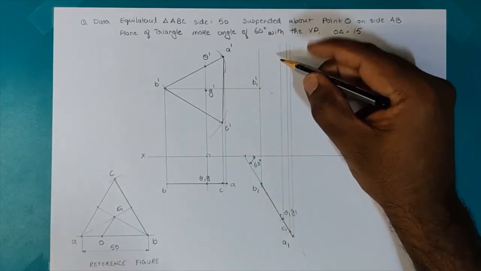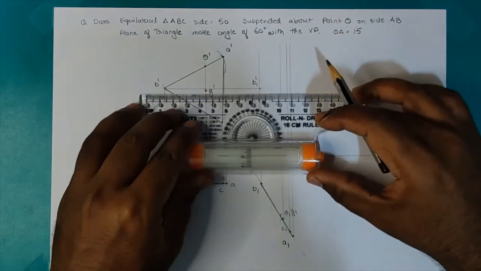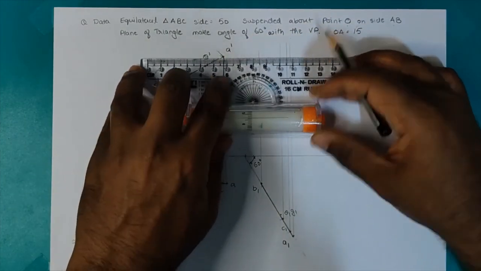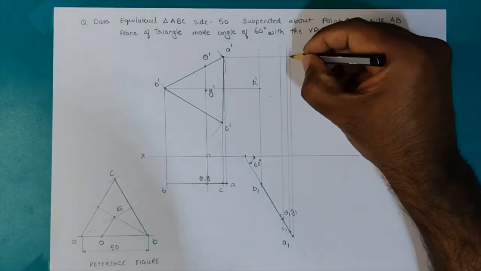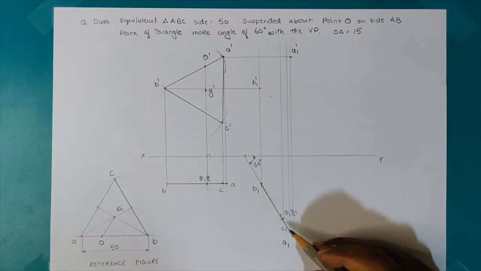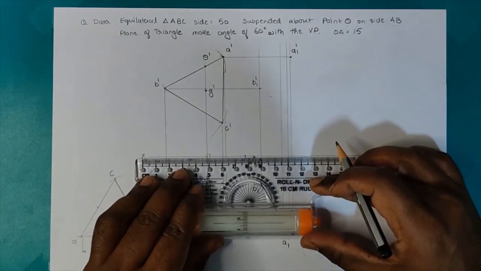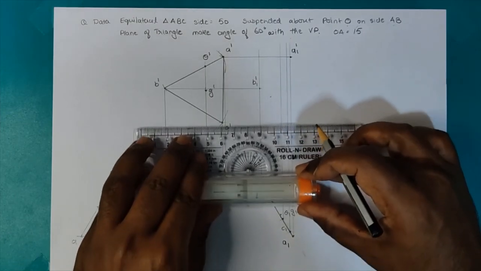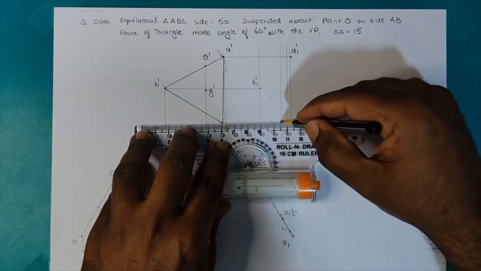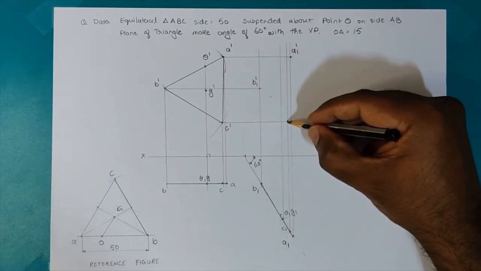Similarly, I will be drawing the locus of point A dash and find the intersection with projector of A1. So I'll get A1 dash. Next, point C projector I am having. I'll find the intersection with locus of C dash and I'll be getting C1 dash.